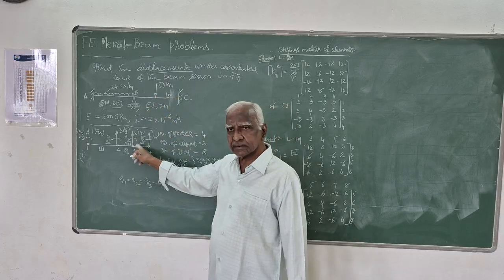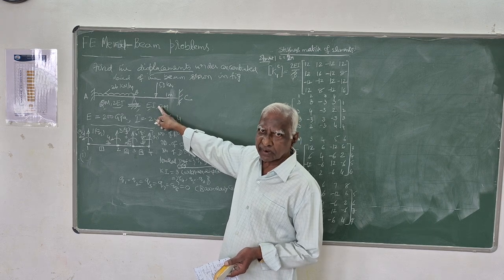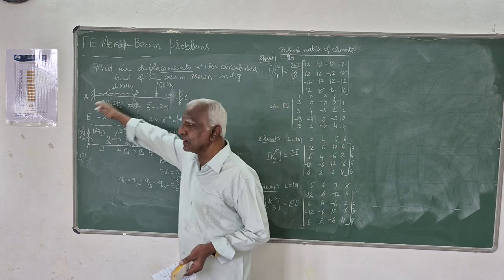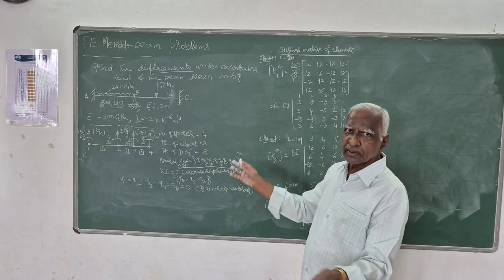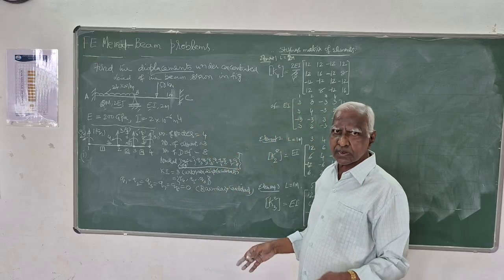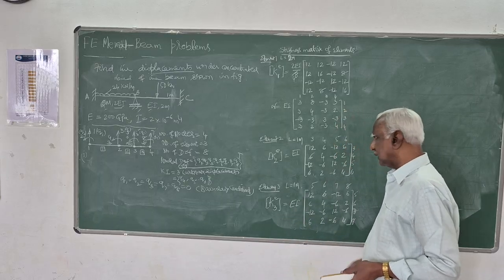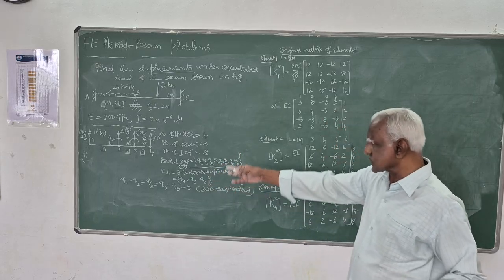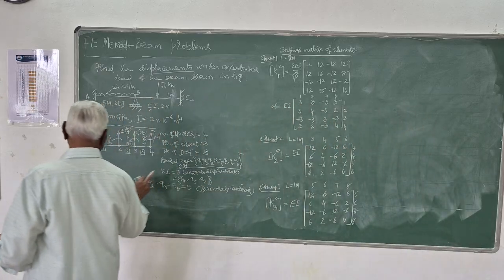You have to select nodes at the points where different loads are there other than surface loads. For surface loads, you can find the equivalent joint loads easily. That you can remember. That also you can do in the first step itself, the equivalent joint loads.